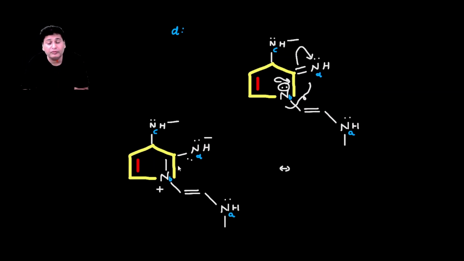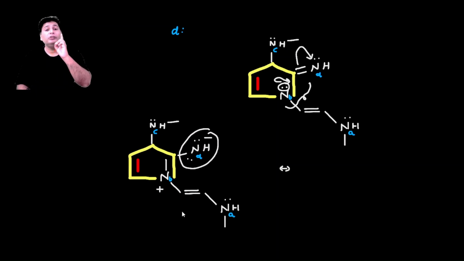So because of that conjugation, you find that the nitrogen number D is the most prosperous in terms of lone pair, because till now no nitrogen other than D had more than one lone pair. This is the only one which has two lone pairs.